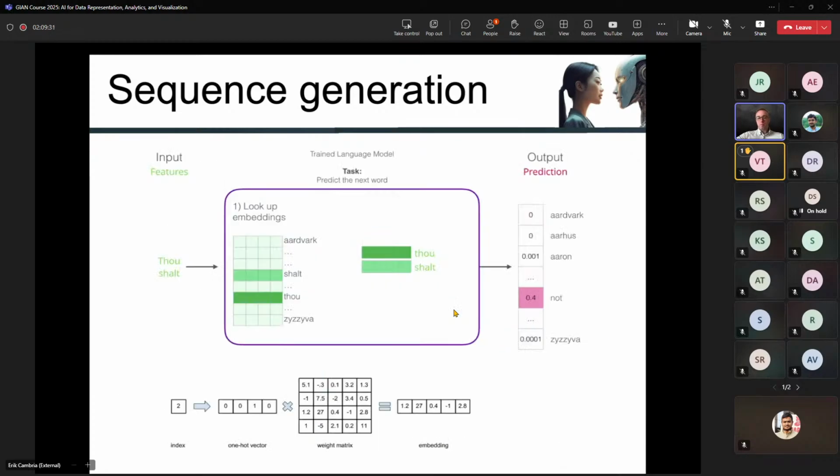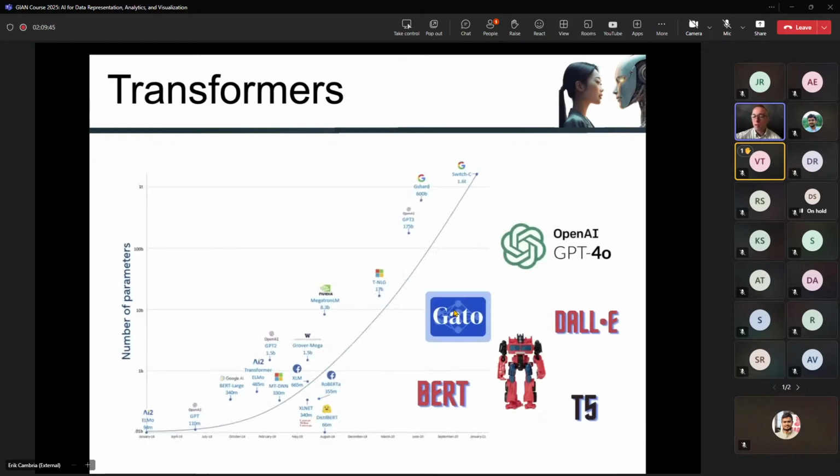But once again, what's happening inside these transformers, in these sequence-to-sequence models, is nothing but a multiplication of matrices that represent data in different formats.